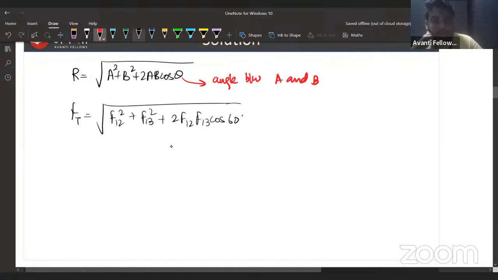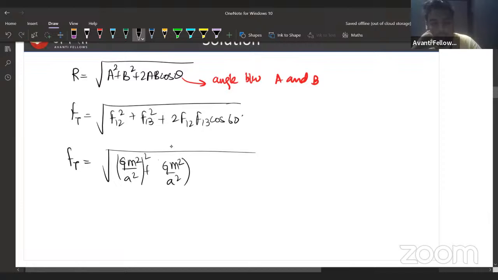Now force total is equal to the square root of F12, which is GM square by a square, whole square, plus F13, which is GM square by a square yet again, whole square, plus 2 into F12, GM square by a square, into F13, GM square by a square, into cos 60, which is given as 1 by 2.